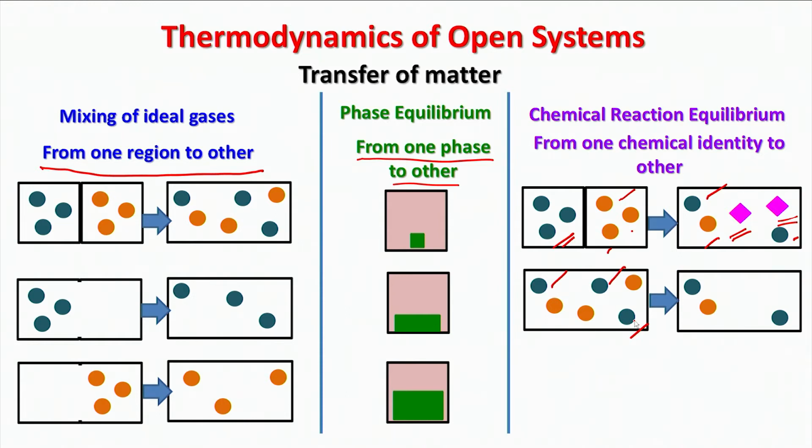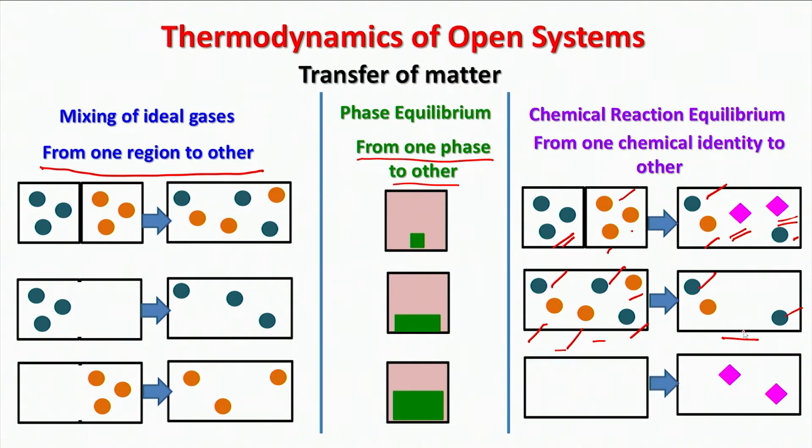Now, in the final equilibrium mixture, the number of blue particles is not the same as before. So, now I have a smaller number of the blue reactants. Similarly, depending on the chemical reaction, I will see that there is a change in the number of the orange reactants as well as I go from the initial mixture to the final equilibrium state.